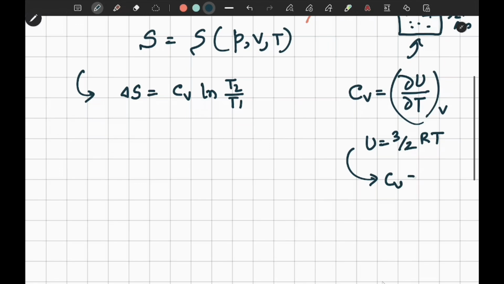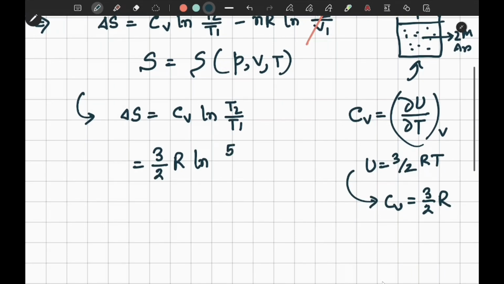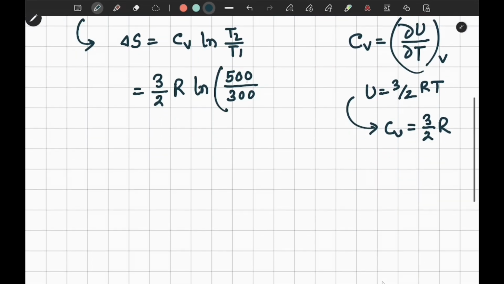Then CV will be essentially 3 by 2 R. That value we can use. So this is 3 by 2 R ln T2 by T1, which is explicitly given here. T2 is 500 and T1 is 300. If you put it in, we obtain 1.5 R ln 5 by 3. This will be our answer.